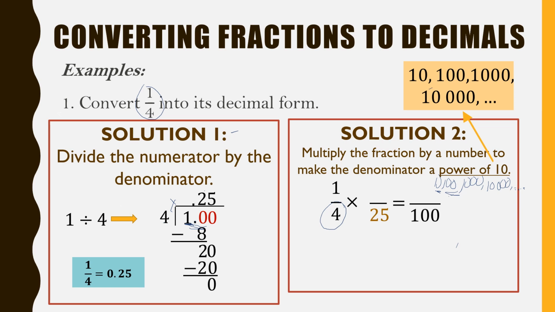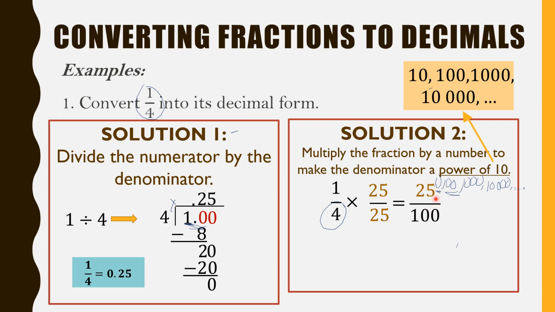Okay, and when we multiply the denominator by a certain number, we are also going to multiply that to the numerator. Okay, so we will multiply 1 and 25 as well. After that, we simplify, so numerator times numerator, 1 times 25 is equal to 25, and 4 times 25 is equal to 100. Now, we read that as 25 hundredths, okay?